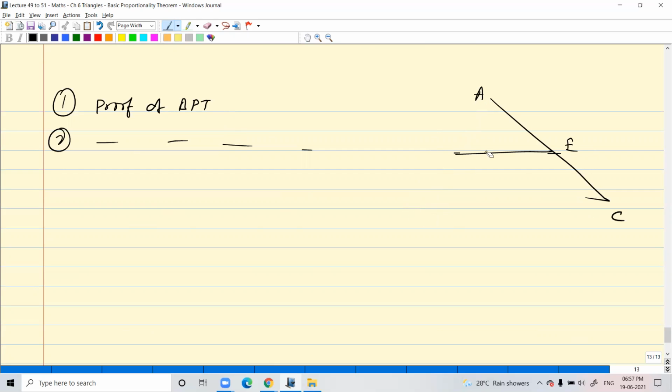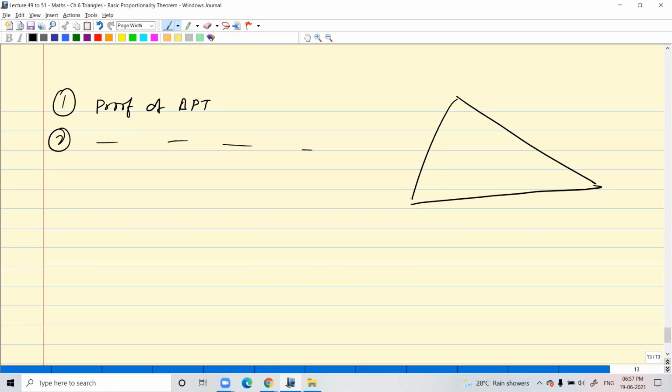Okay, so let's do one practice. I'm going to change the name of the triangle, and I'm also going to change the base. Let's say I'm drawing a line which is parallel like this. P, Q, R, S, and T. So I give you that ST is parallel to PQ.